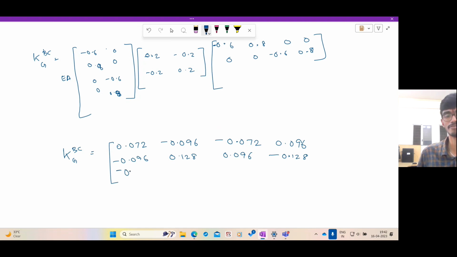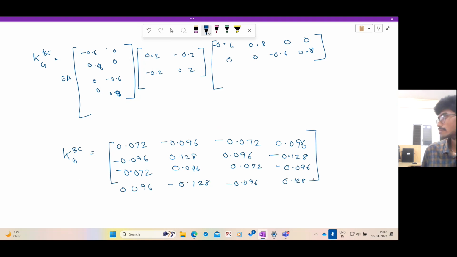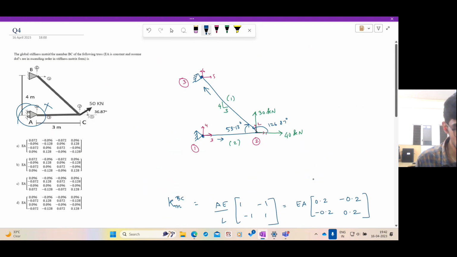This will be just negative of the first two: minus 0.072, 0.096, 0.072, minus 0.096. This is 0.096, minus 0.128, minus 0.096, 0.128. So if you compare with the options, this is the same as option B.